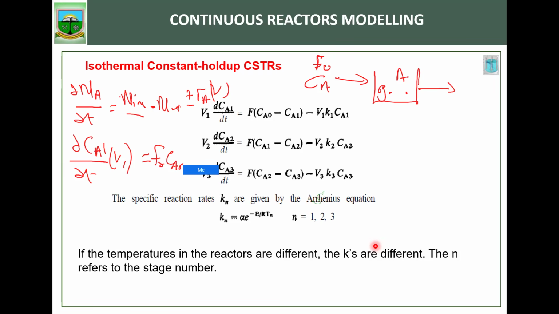That's the initial. Then the output, remember the output should be F1 CA1. But we said F0 is equal to F1, so that's why we factorize.